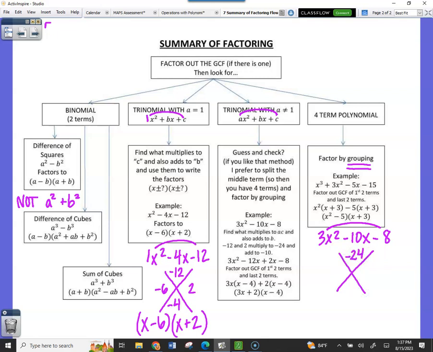B is negative 10. Negative 12 and 2. Double check it. Multiplies to give me negative 24. Adds to give me negative 10, right? Is A 1? No. So you can't jump straight to the parentheses. There's a GCF step involved.